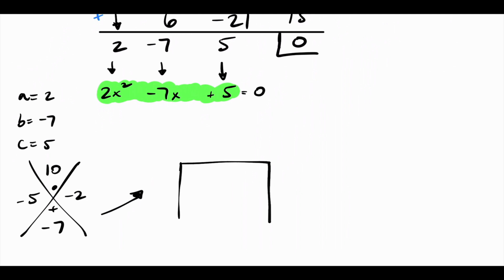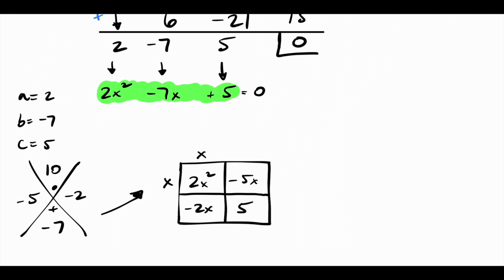Let me make my factoring box. So I get 2x squared, positive 5, negative 5x, negative 2x. So I need an x, and then I need a 2 to make 2x squared.